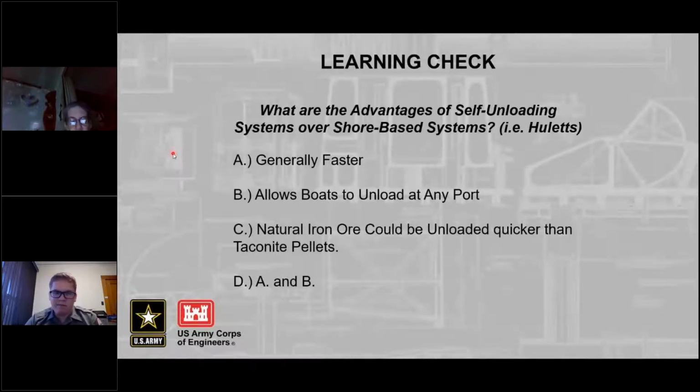I'll give you a minute or two. And so the answer is D, A and B. So self-unloading systems are generally quicker than shore-based systems, and they allow the ships to unload at any port or any dock that they would like. They're not restricted to one particular port because they have to use cranes that are located there.